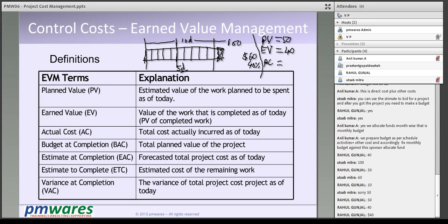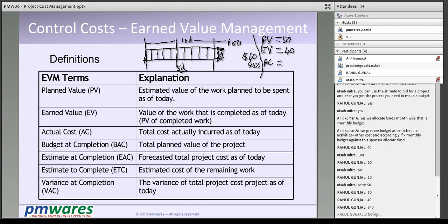And how much did I actually spend? This is simply clear, crystal clear. $60, right? So in this transaction, when I'm measuring my progress at the 5th day, my planned value is $50. My earned value is $40 because I have achieved 40% of the work.